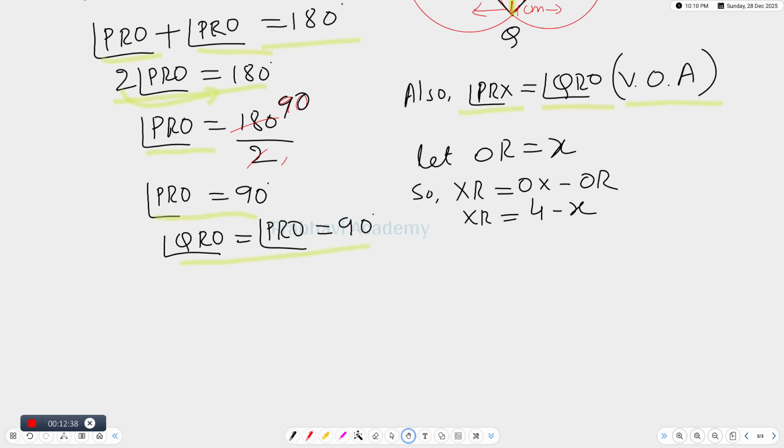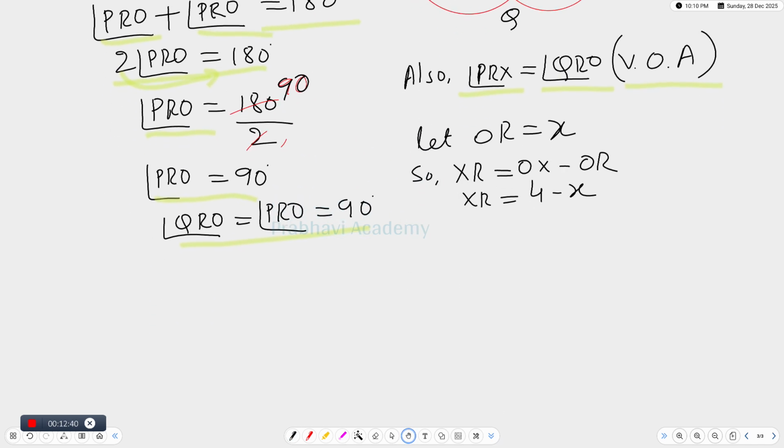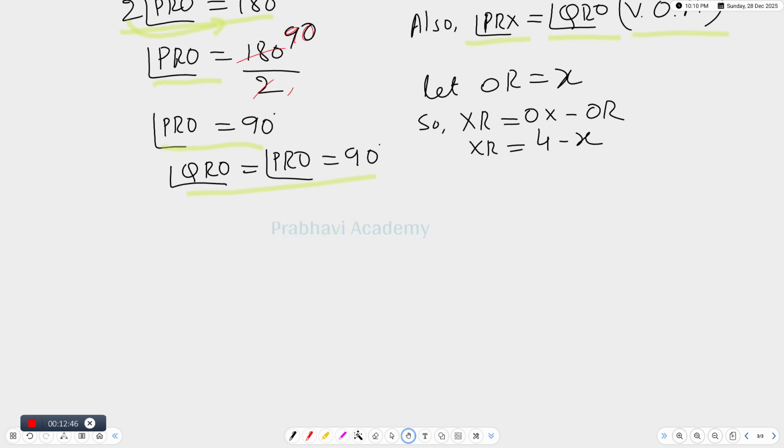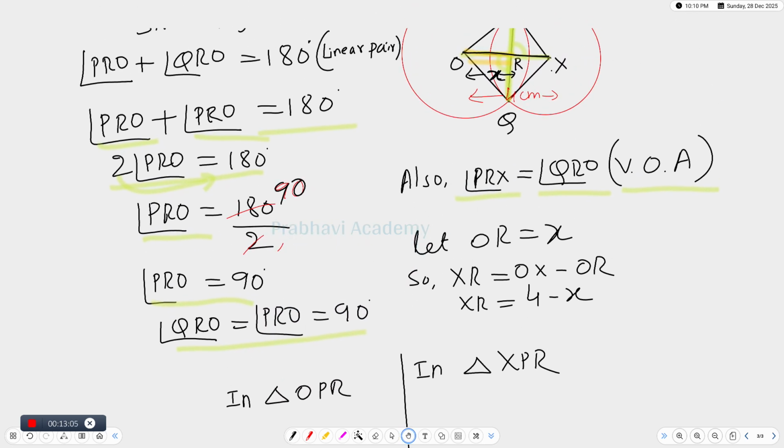So taking these, I can continue in triangle OPR and in triangle XPR.